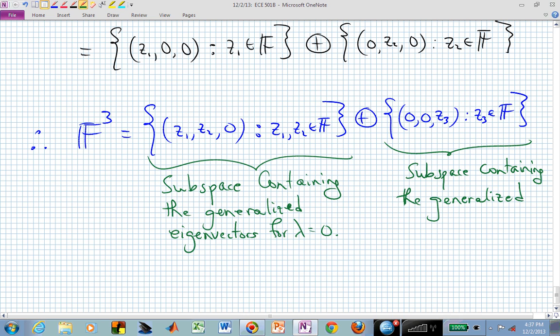It was actually built from the eigenvector, but it's also a generalized eigenvector for lambda equal to 1.